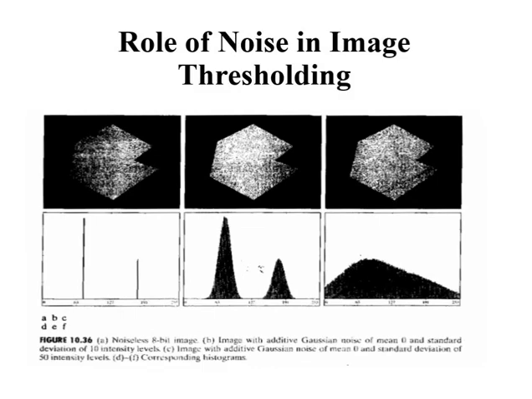Figure D shows that segmenting this image into two regions is a trivial task involving a threshold placed anywhere between the two modes. Figure B shows the original image corrupted by Gaussian noise of 0 mean and a standard deviation of 10 intensity levels.